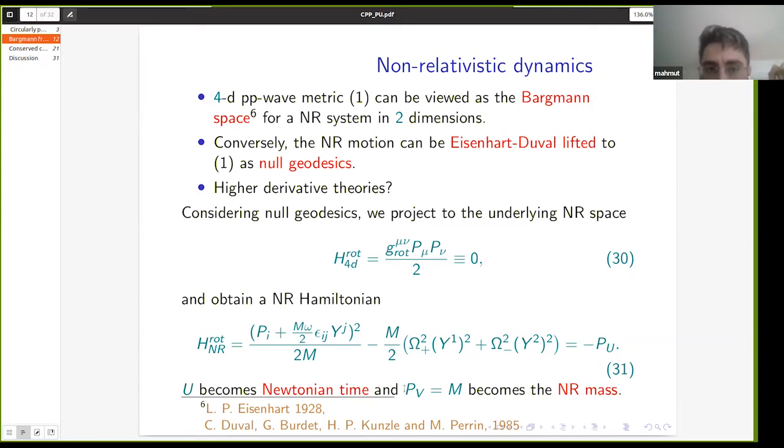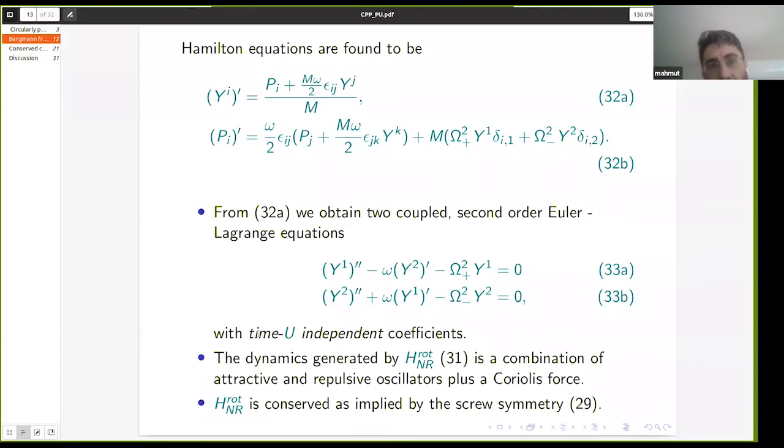And if you work out the equations of motion for this non-relativistic four-dimensional phase space, it is very easy because you just derive the Hamilton equations, and this is the first order equation of motion for the coordinates, and these are the equations for the momenta. Then if you combine them, you will get second order Euler-Lagrange equations for y1 and y2.